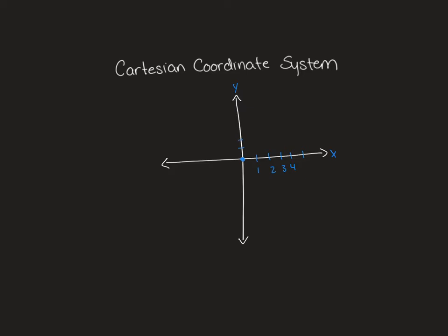As we move up the y-axis, it will also be positive. When we go left on the x-axis, it will be negative, just like when we had our horizontal number lines. And the same thing happens when we go down the y-axis, just like a thermometer. It will become negative as we go down the y-axis.